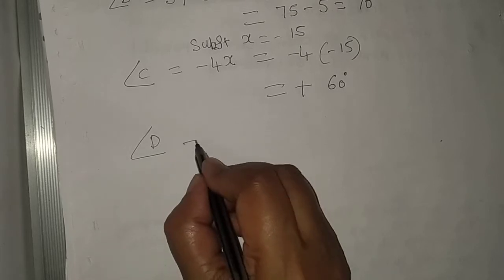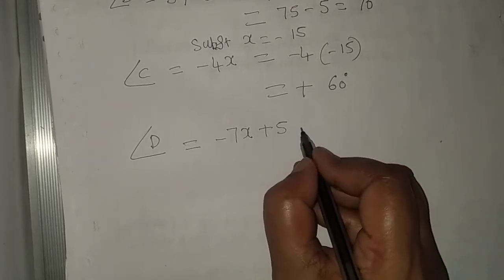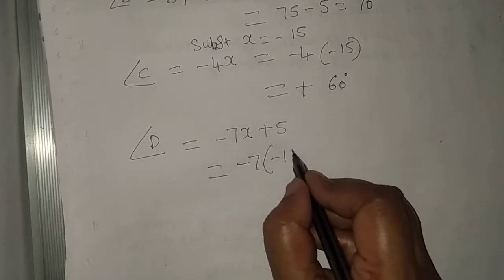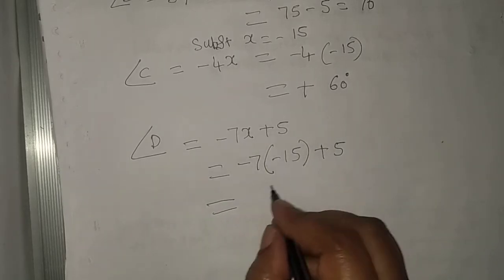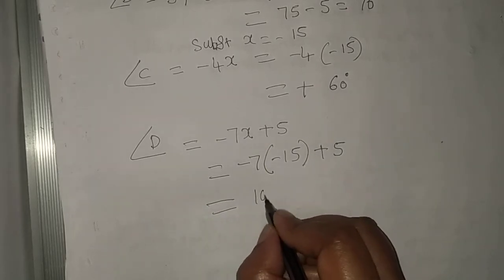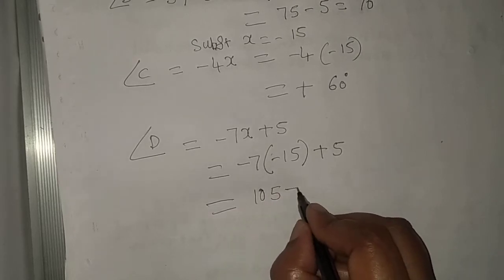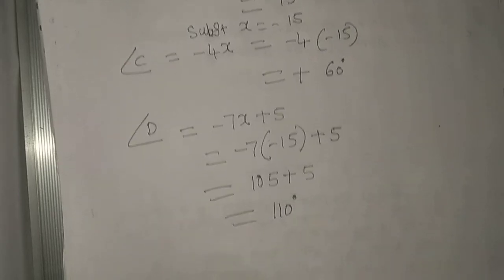Finally angle D, the expression given is minus 7x plus 5. So substitute here for x: minus 7 into minus 15 plus 5. Therefore 7 into 15 will become 105, that is minus minus will become plus, plus 5 will become 110 degrees.